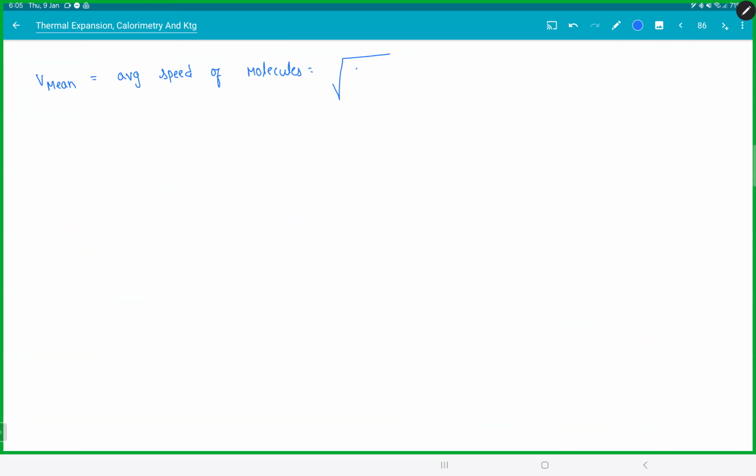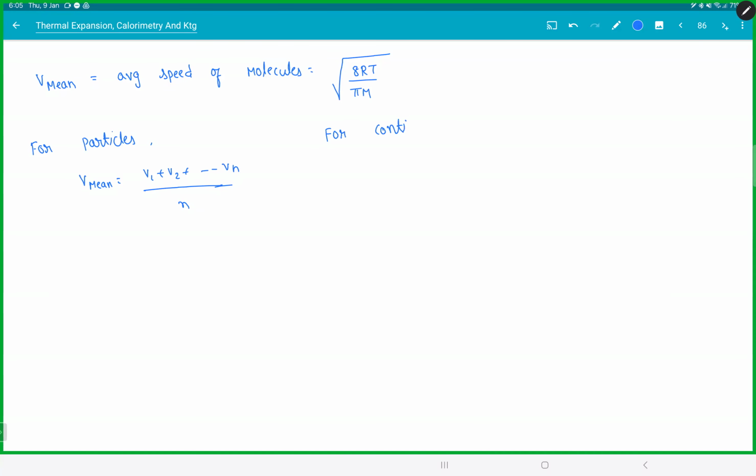This is given by root over 8RT by pi m. Now, how did we calculate this? So if you have only 10 or 20 particles, then the V mean is given by V1 plus V2 plus so on till Vn, divided by n.